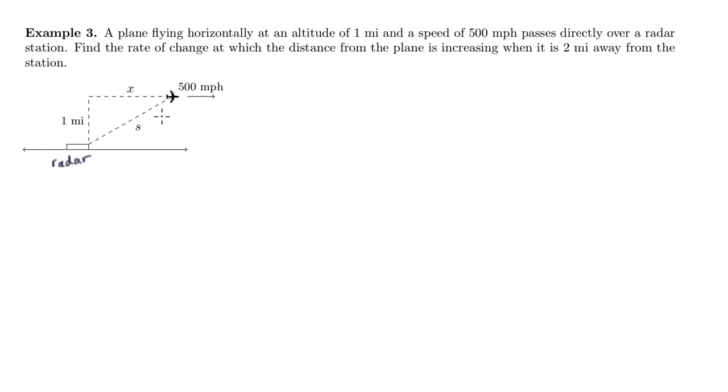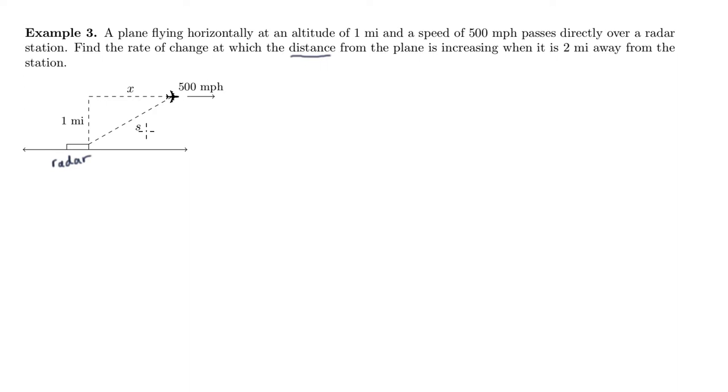Okay, and I drew the picture for you again and labeled it. Now we're told that the plane is flying at an altitude of 1 mile above the radar station. Then the horizontal distance from the radar station is labeled x. And then the distance, which is what I mean by distance, from the radar station to the plane is labeled s.